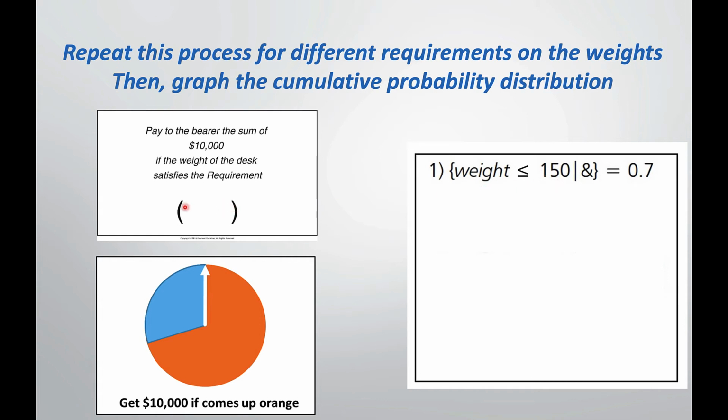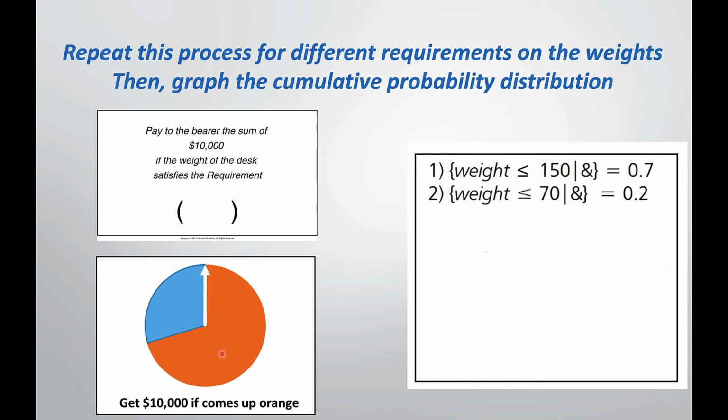Well, then you can put different requirements here with different weights, or even with different signs of equality or inequality. For example, you can ask yourself, what if the requirement is the weight of the desk is less than or equal to 70 pounds? What would be my subjective belief for that event? Then you would start with a 100% orange pie and slowly reduce it.